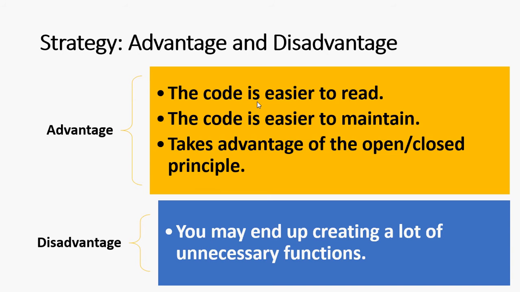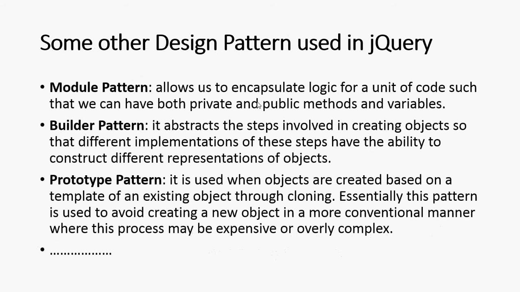But the disadvantage is that you may end up creating a lot of unnecessary functions. Well, there are still some other design patterns used in jQuery, for example, the module pattern, builder pattern, and prototype pattern. And here are some more, but because of the time, I cannot talk about all of them.